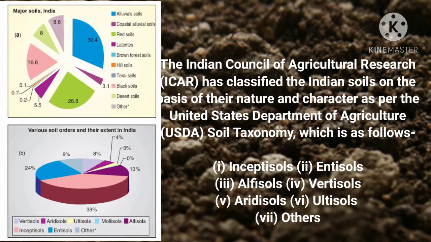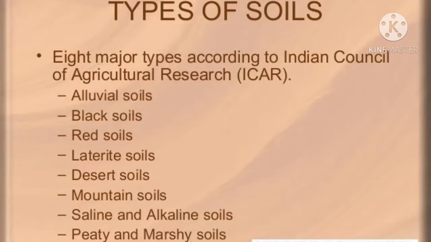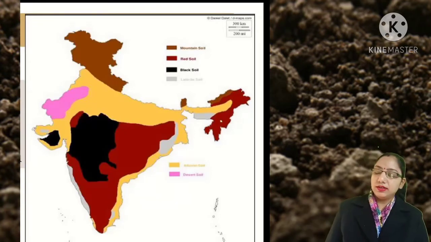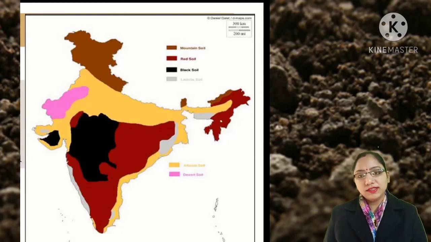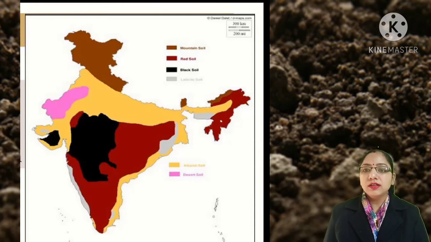On the basis of genesis, color, composition and location, the soils of India have been classified into alluvial soil, black soil, red and yellow soil, laterite soil, arid soil, saline soil, peaty soil and forest soil. Now we will discuss these different types of soil in India with the help of a map, in which we will see their location and spatial characteristics.